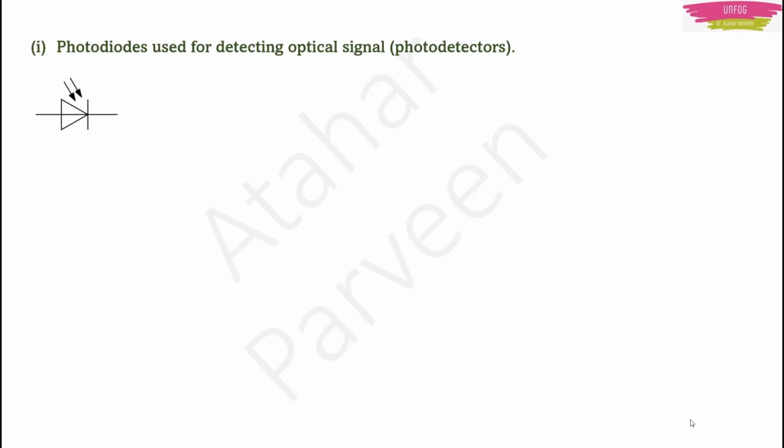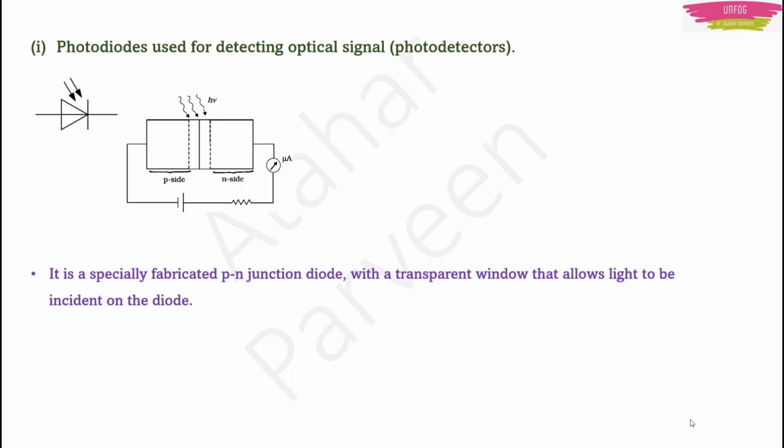First, let's talk about photodiodes. These photodiodes are used for detecting optical signals. They are also known as photodetectors, and this is the symbol. There is a PN junction diode and then the two arrow marks indicate that the light is falling on that PN junction diode. Now, what is the simple difference between the PN junction diode and the photodiode?